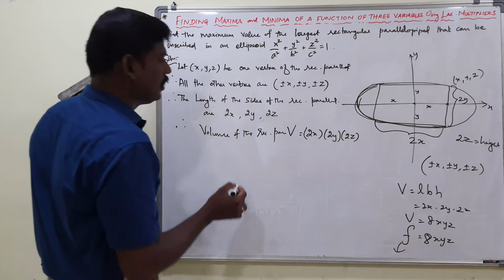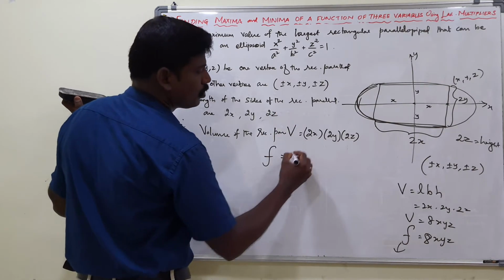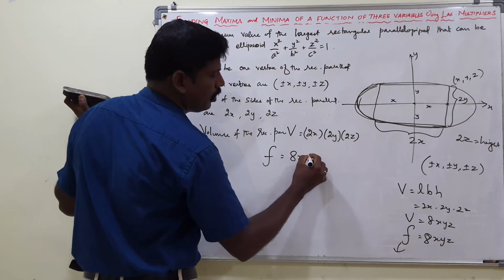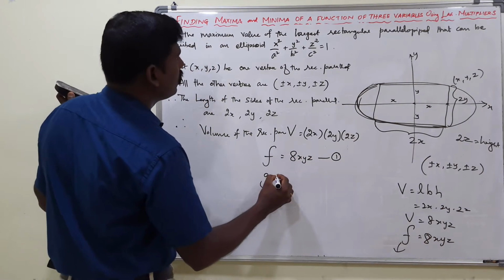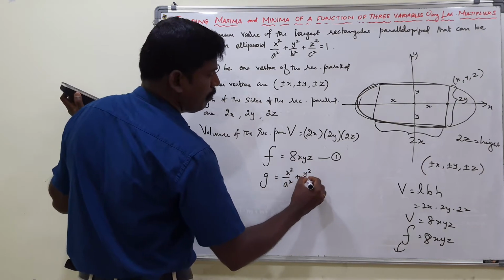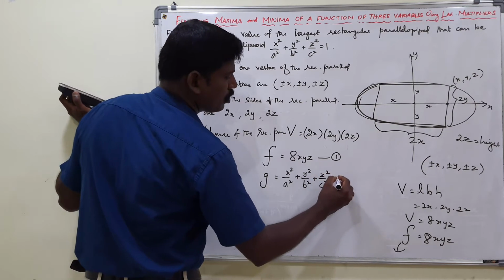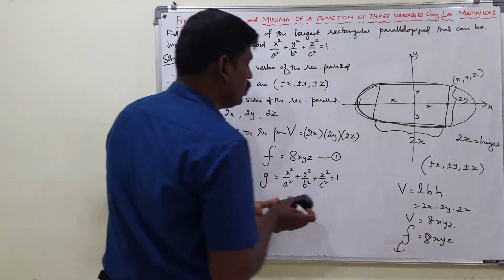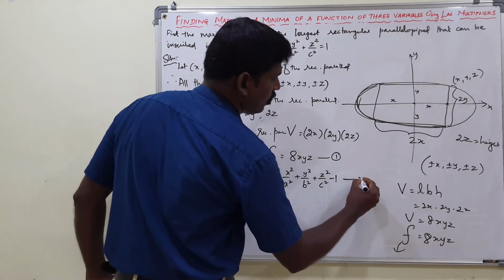That means maximum volume. So let us take that function to be f. So f is equal to 8xyz. I call this equation number 1. What is g? g is given as x square by a square plus y square by b square plus z square by c square minus 1, that is equal to 0. Call this equation number 2.